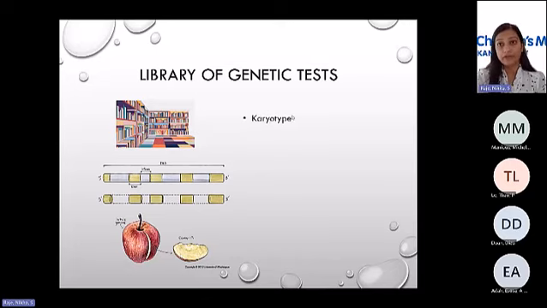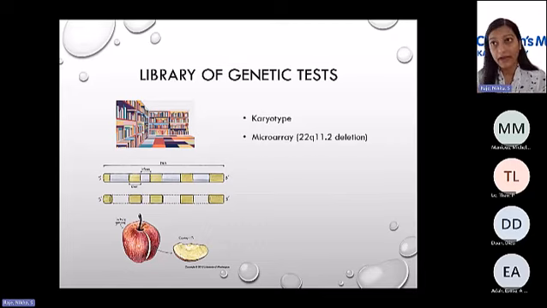That's the purpose of karyotype. When you order a karyotype, you are looking at the chromosomes in a faraway, zoomed-out picture, looking at whether any pieces of chromosome are not arranged in the right way, or if there is a missing chromosome or an extra chromosome. An example of that would be trisomy 21.